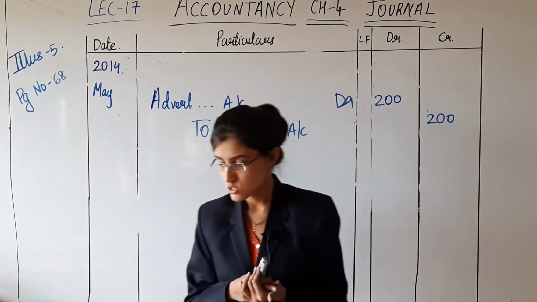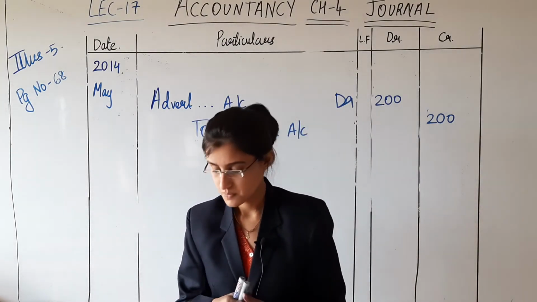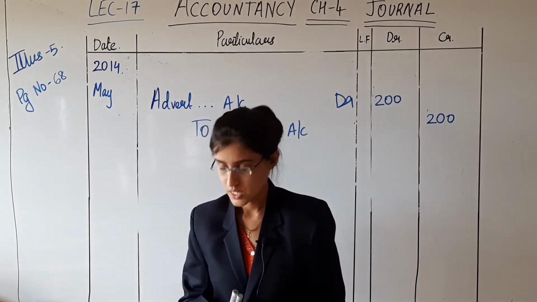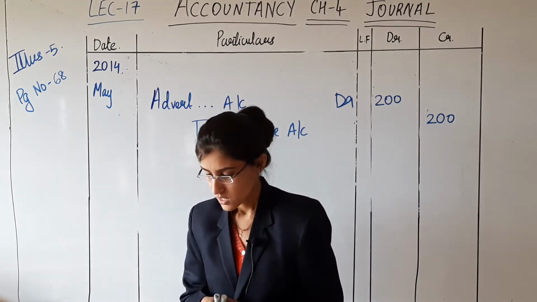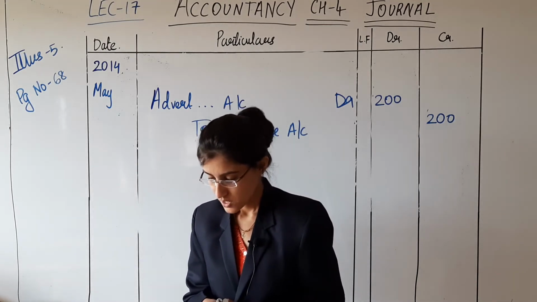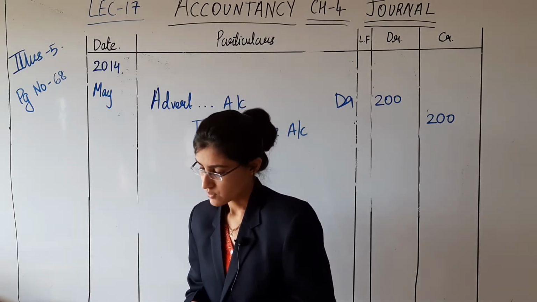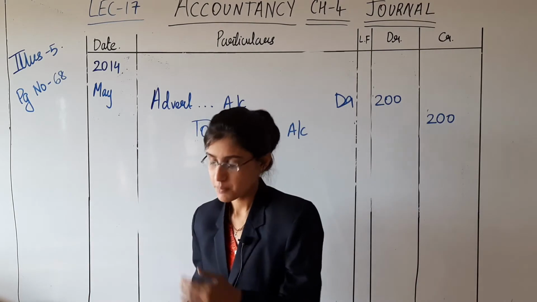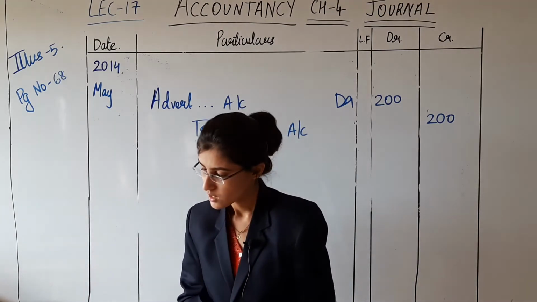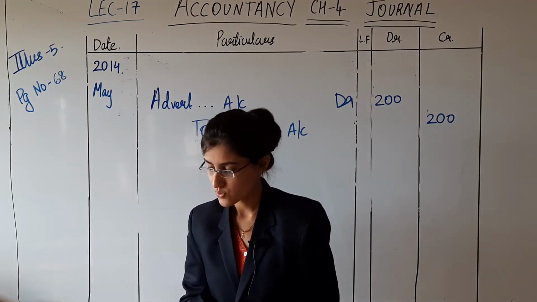It is goods withdrawn for personal use, distributed as sample, given as donation, goods destroyed by fire, and goods received as free sample also they have discussed. Then theft of goods from business.